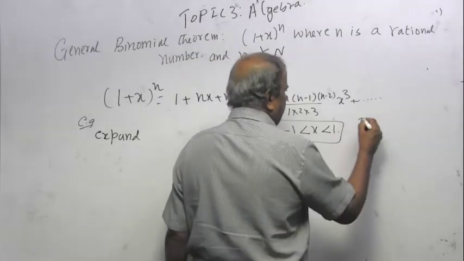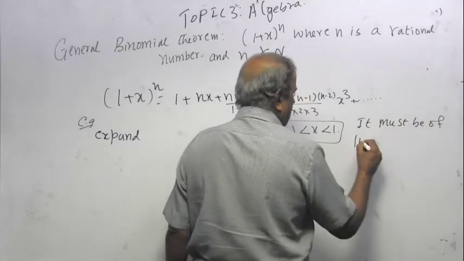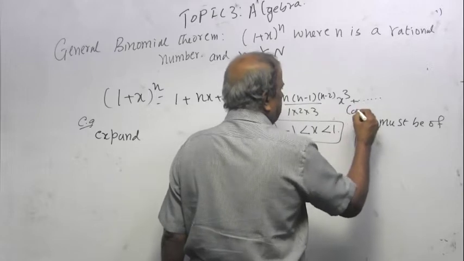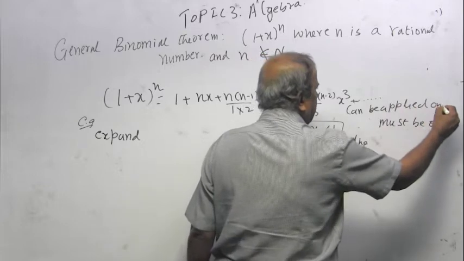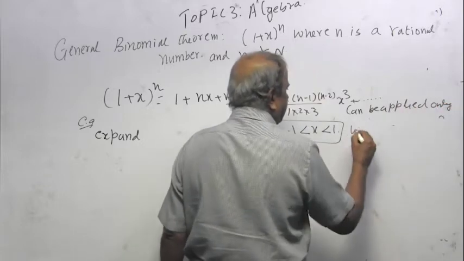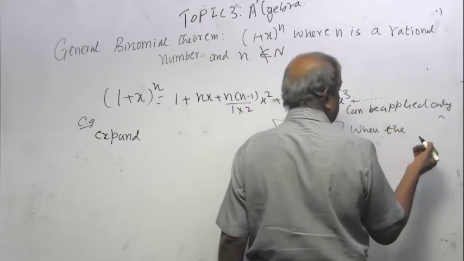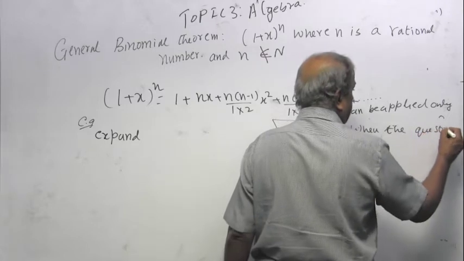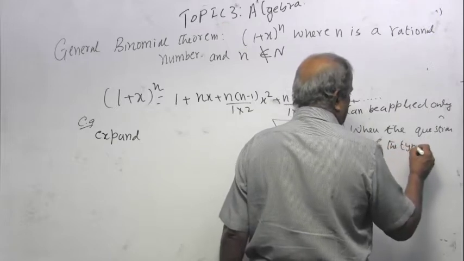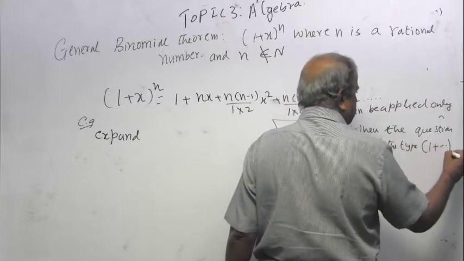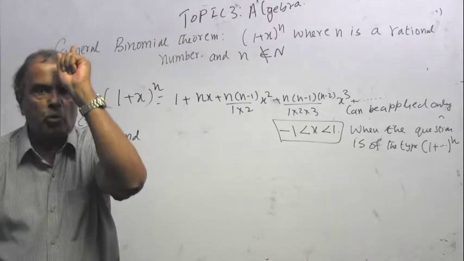The second one is that the expansion can be applied only when the question is of the type (1 + something) power n. That means it can't be applied when you have 2 plus something, 3 plus something. It has to be 1 plus.